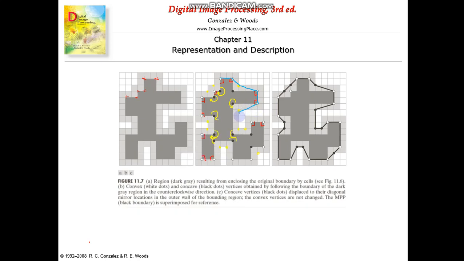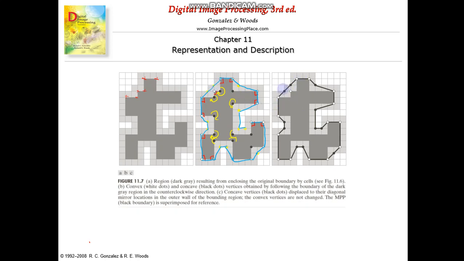Next is this one. So we will get the same shape as we saw in the last slide.